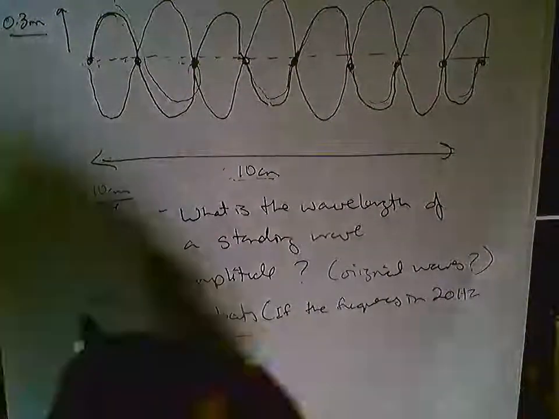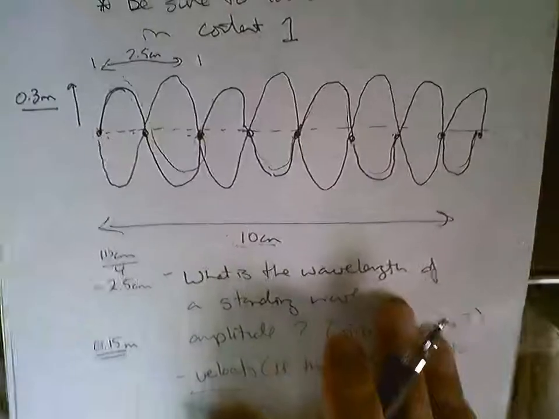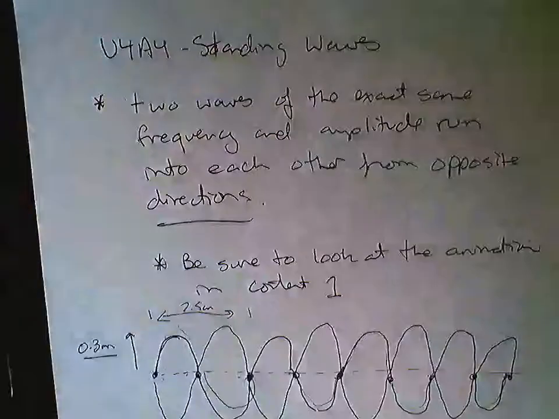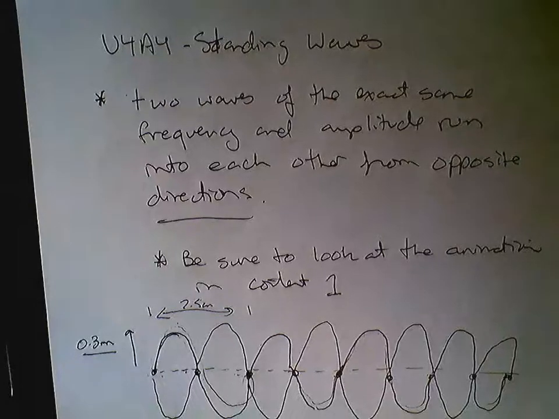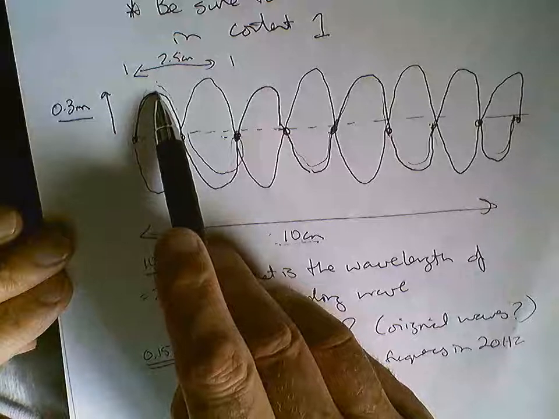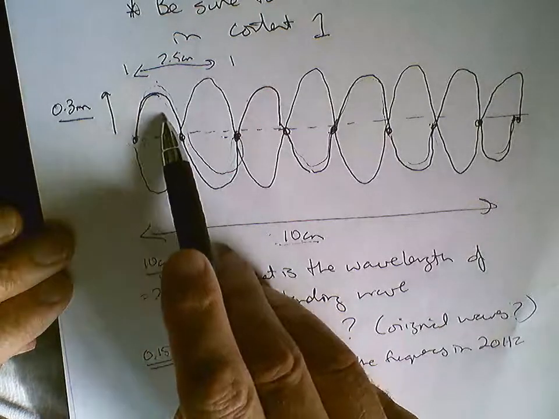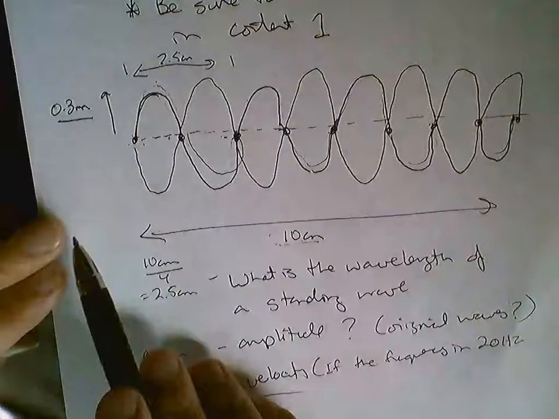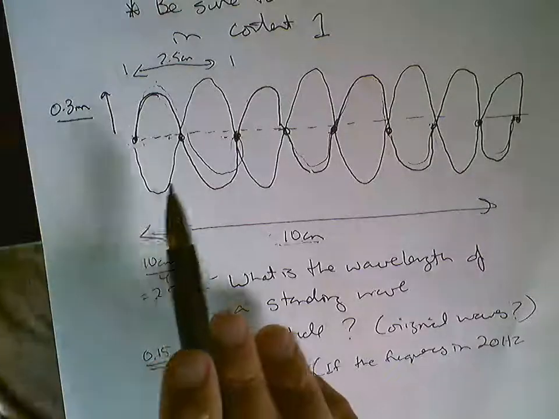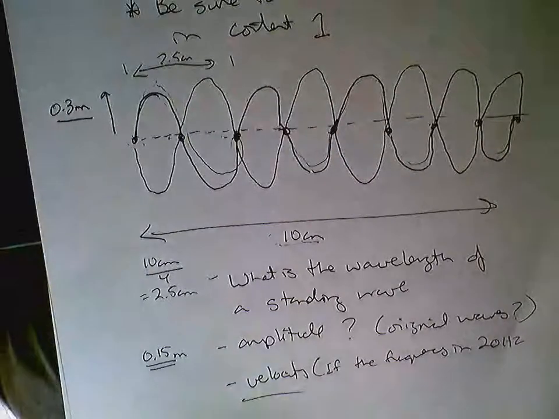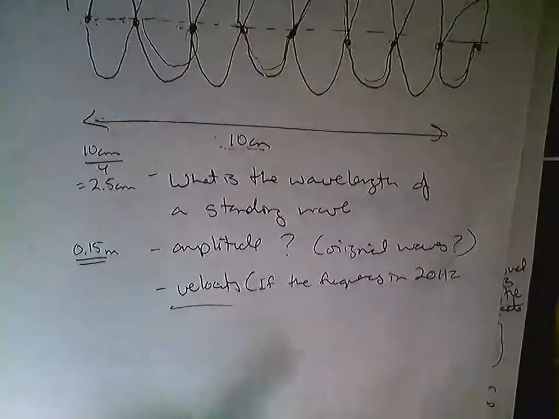We know that they are both the same because to make a standing wave, we need the exact same frequency and amplitude of wave happening here. So if this is at 0.3 meters and we have constructive interference, that means we need two waves that have run into each other, one from this end and one from this end by definition. So a standing wave is the same frequency and amplitude, and they run into each other from either end. So that means the amplitude of each of the original waves would be 0.15 meters.